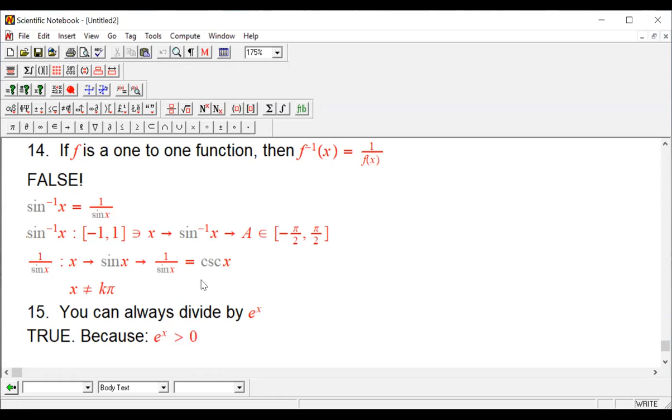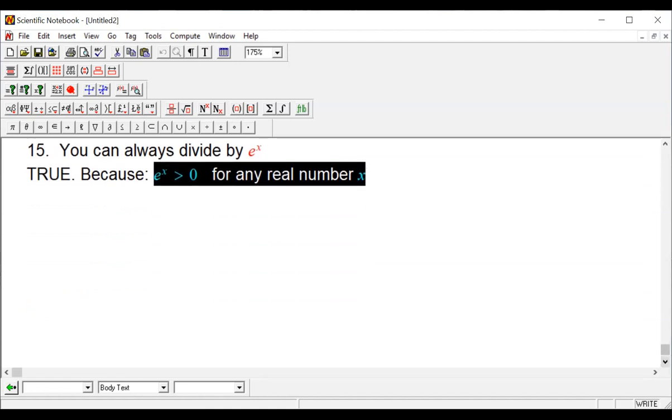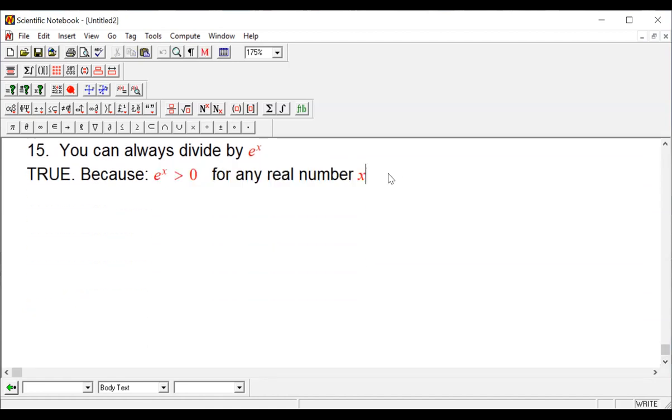Remember, we emphasize and use this many times: e to the power x is positive for any real number x. So that's the range description for e to the power x, which guarantees that you can always divide by e to the power x because it's always positive.